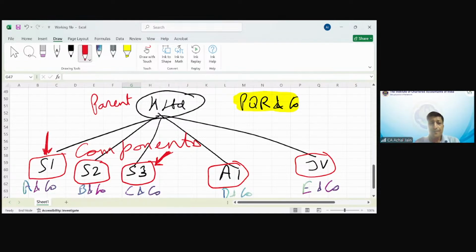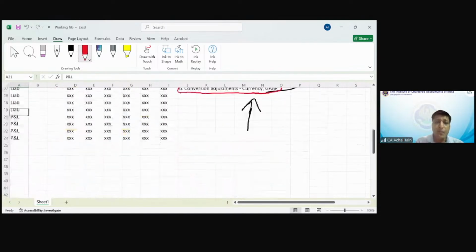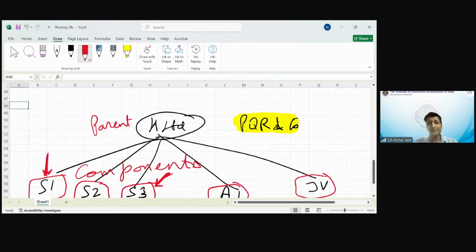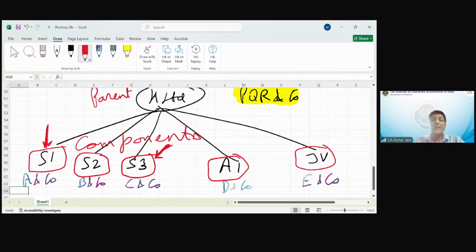Now, depending on the size of the parent and the component, the auditor will determine the materiality. See, now the auditor is planning the audit. So the auditor is thinking about the group.